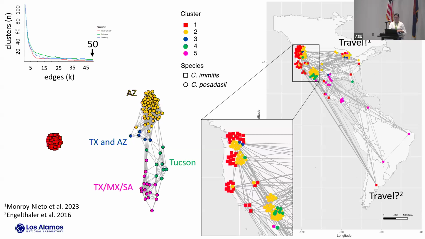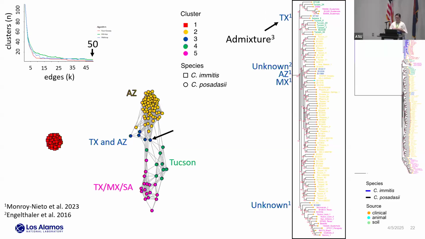But I was curious about the blue and green clusters in between the Arizona and Texas, Mexico, and South America groups. And so I followed up on those samples and compared them to my phylogenetic tree, where each individual is colored by the assigned cluster. And when I looked at what has previously been published in terms of admixture and studies of population structure at a broad scale, this particular individual at the top reported travel to Texas.